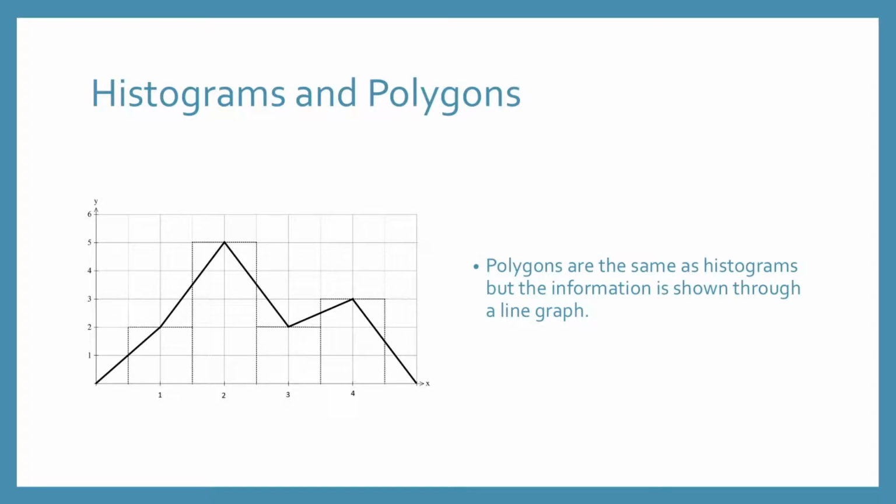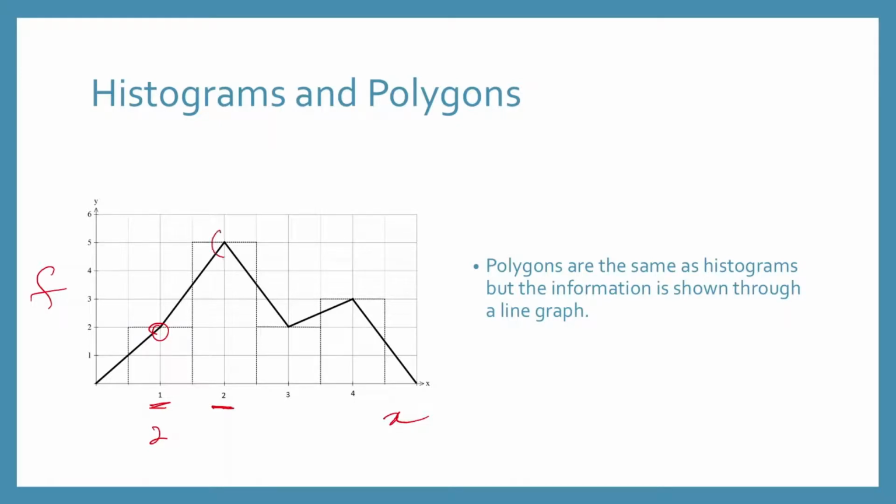Polygons. Polygons are exactly the same as histograms, but they are represented by a line. So to find fx, firstly, that's the x, that's the f. You've got x here and the frequency there, so fx is going to be 2.